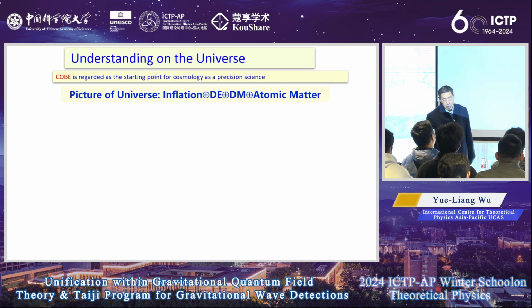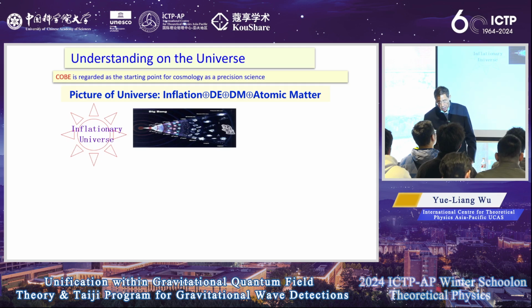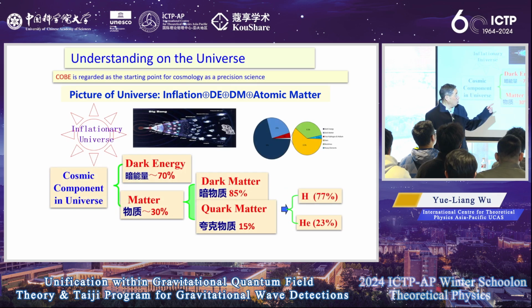Okay, then what is our current understanding of the universe? A basic picture: from astronomical observation, the early universe passed through inflation, and then the basic constituents of the universe include dark energy, dark matter, and also atomic matter, quark matter. You may already have heard that dark energy is about 70% of the energy of the universe, and matter about 30%.